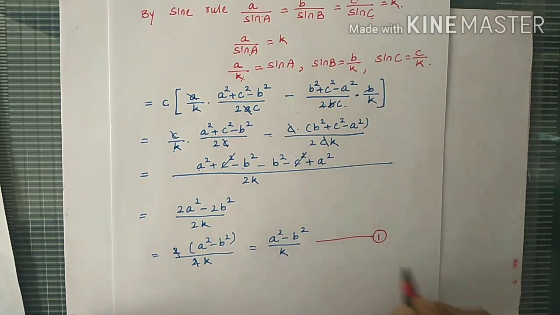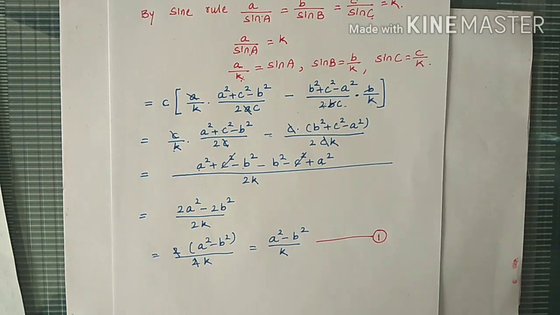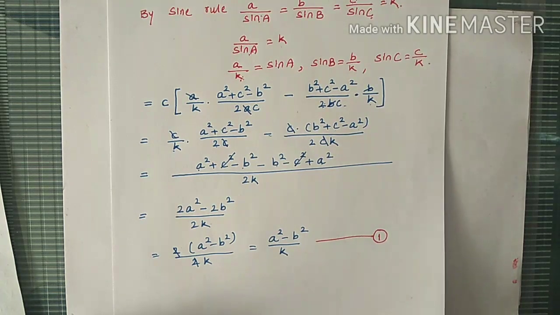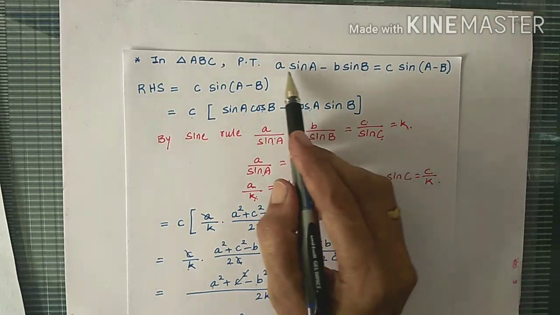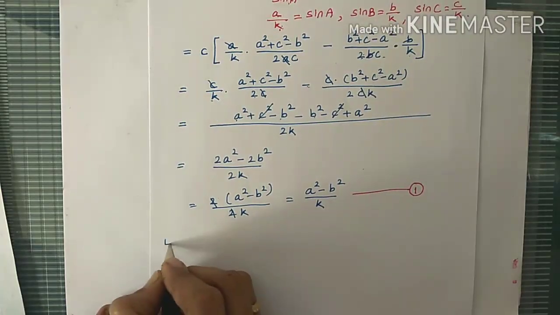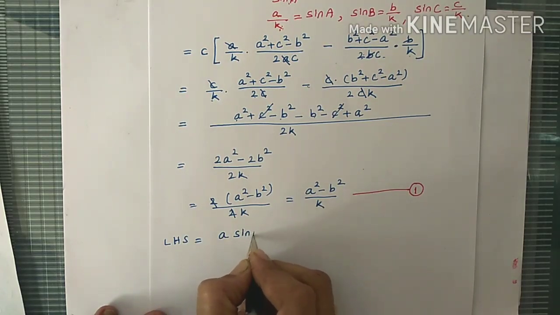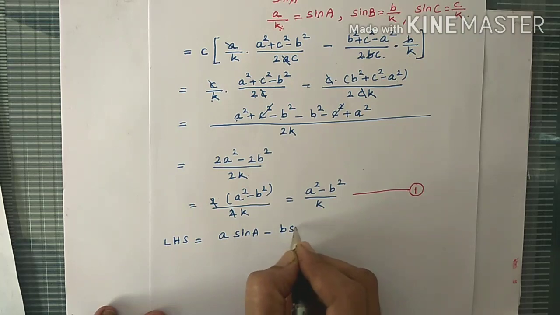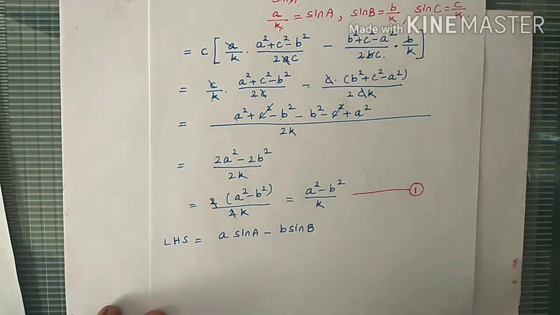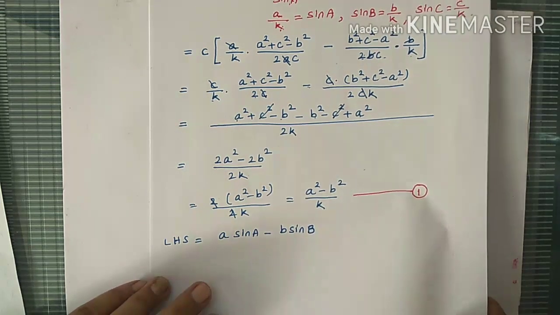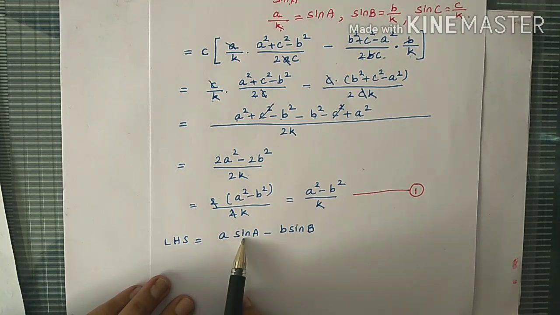Let's simplify the left hand side and prove that the left hand side is also a square minus b square upon k. What is the left hand side? Left hand side is a sin a minus b sin b. Again we have to convert into small letters, so we are using the sine rule.